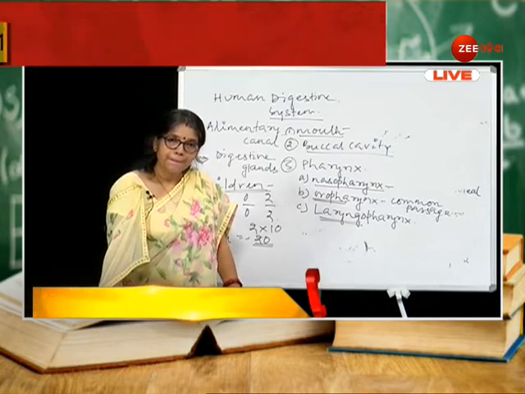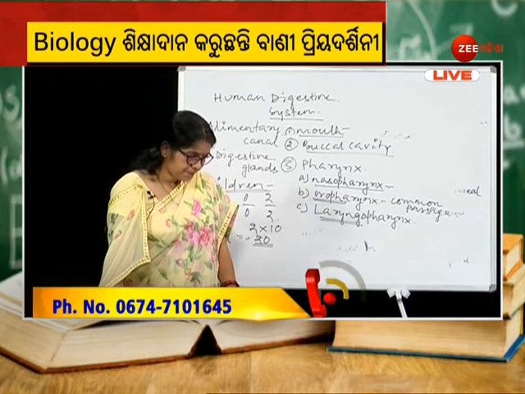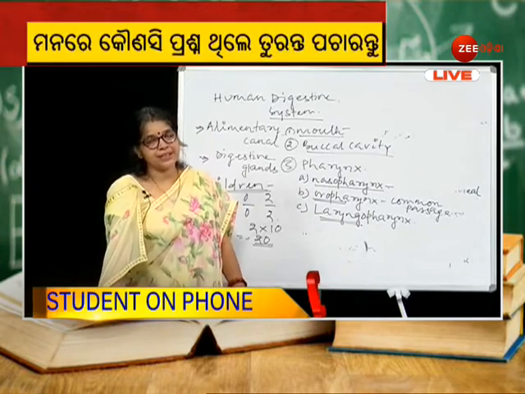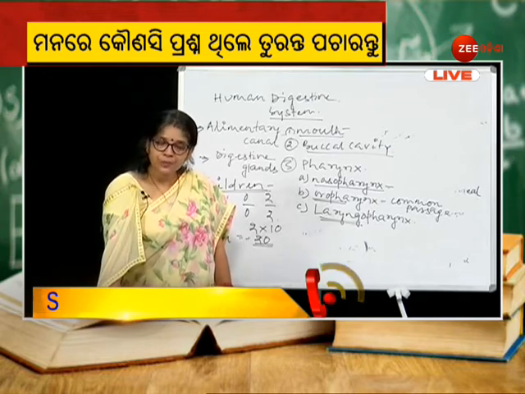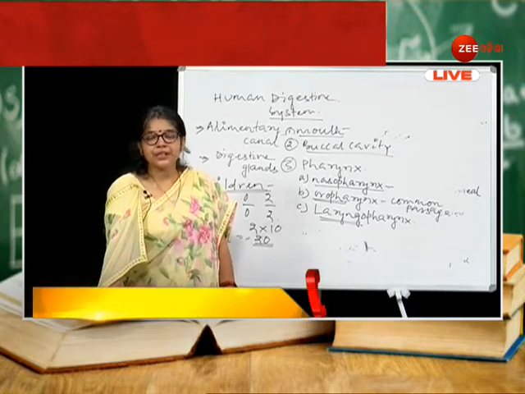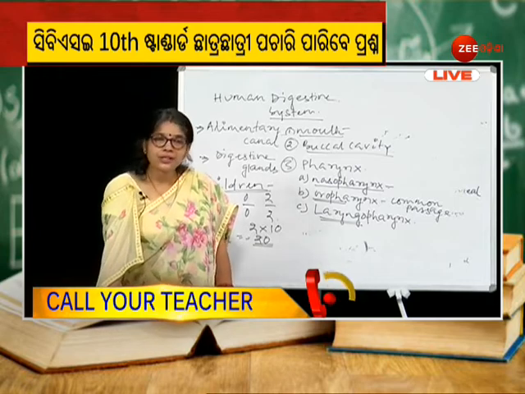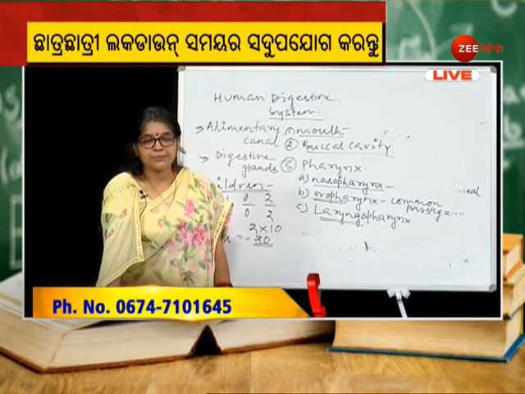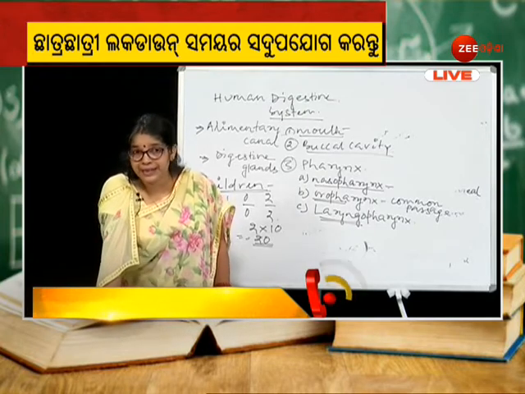Ma'am, I want to ask whether villi are there in the large intestine? Mostly villi are present in the small intestine, dear. Because the villi are mainly finger-like structures concerned with the absorption of food materials. They are highly supplied with blood capillaries and lymph capillaries.